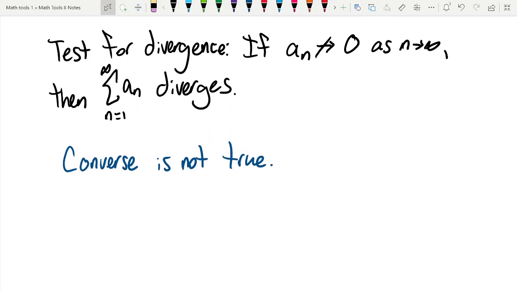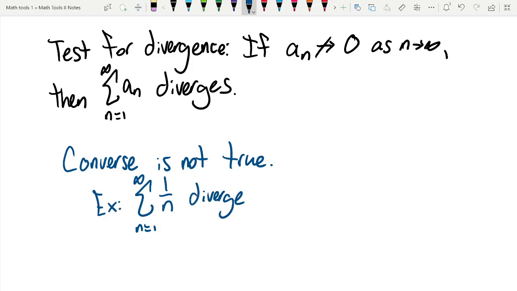A good example of that is this sequence of 1 over n. We've already said a couple of times that this does diverge. We haven't actually shown it yet, but this is kind of the canonical example of this idea: of course the limit as n goes to infinity of 1 over n is 0, but this still diverges.